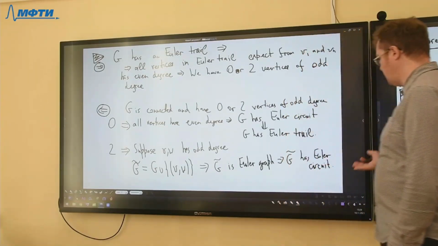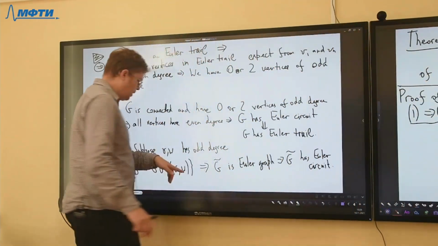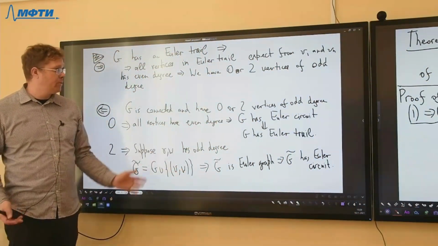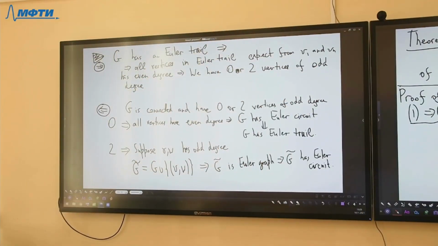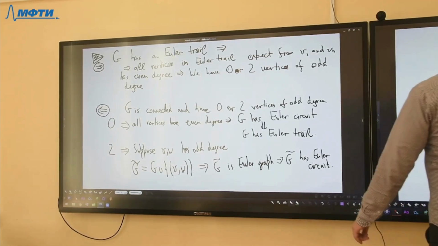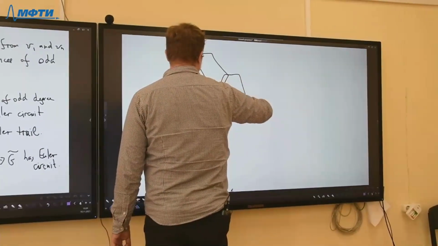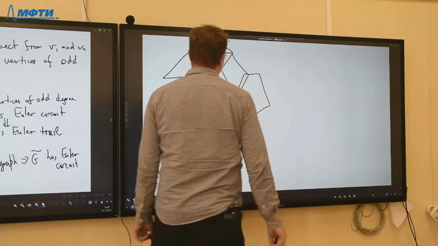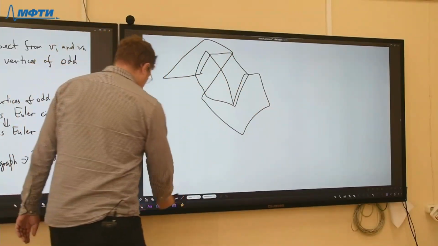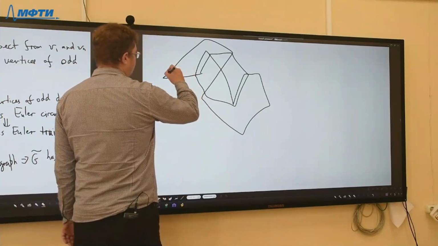And if it has an Euler circuit, then we can just look at the circuit and cut this new edge from the circuit, and we will have an Euler trail in the previous graph. So I will take a picture. So now we'll have some circuit, and somewhere here we will have the new edge that we add.